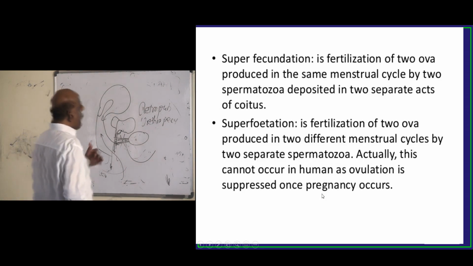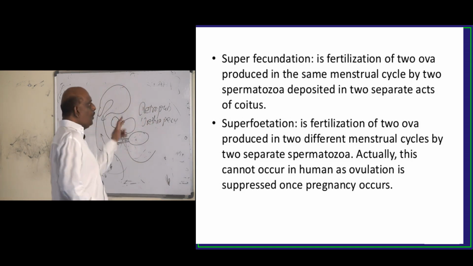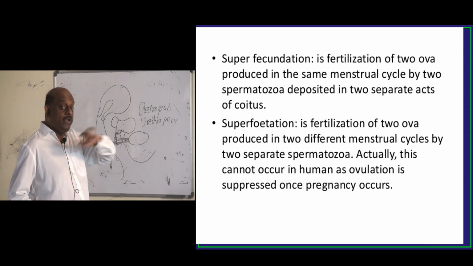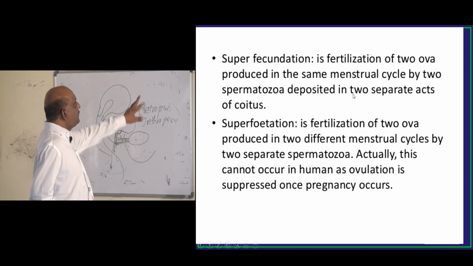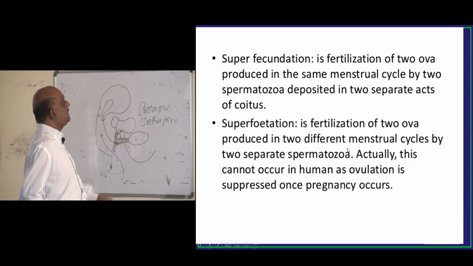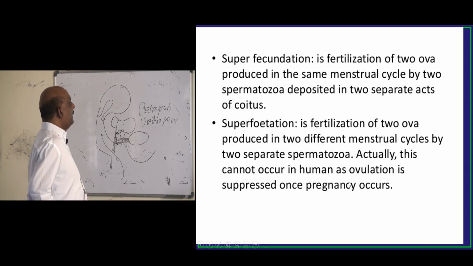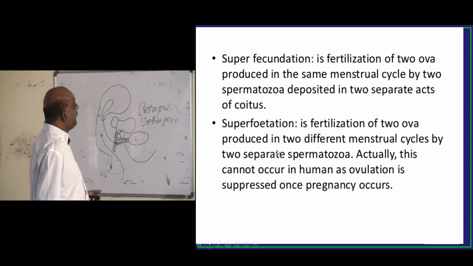Superfetation kya hota hai? If fertilization of two ova produced in two different menstrual cycles by two different spermatozoa, then that is called superfetation; same menstrual cycle is fecundation.